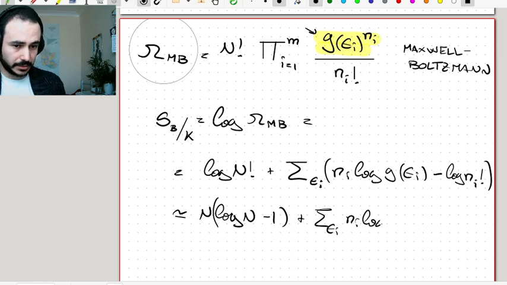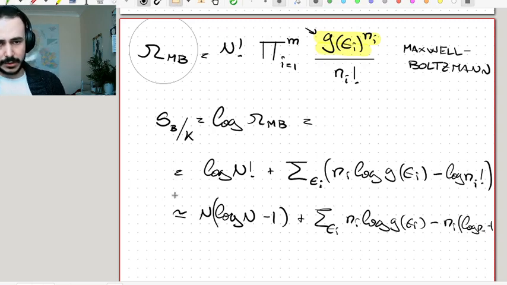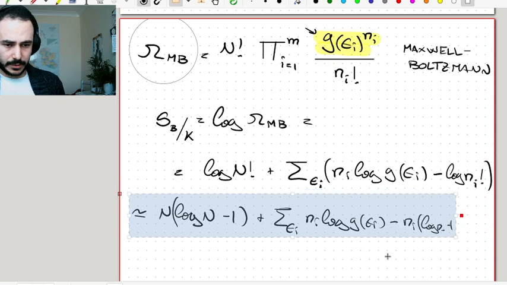Because there's no factorial here to be approximated, logarithm of that, but here we have n_i log n_i minus 1. So you cannot really see that. Let me just move it a little bit like that.